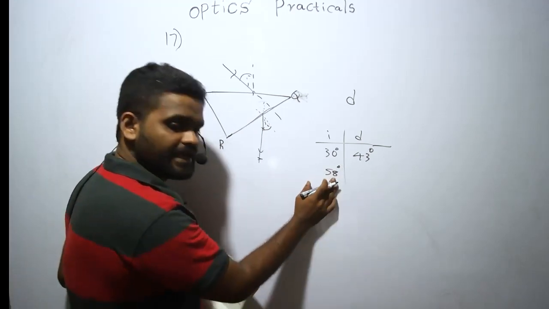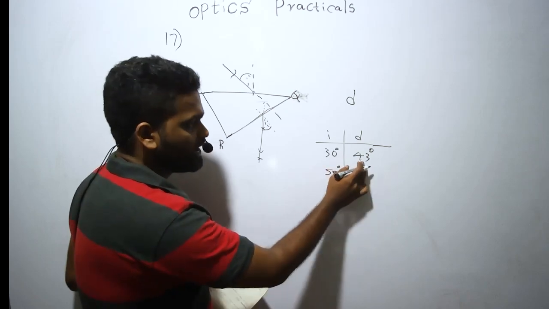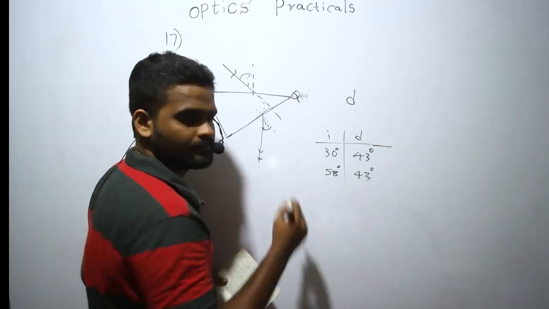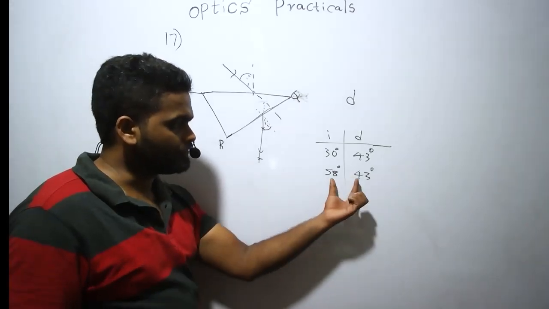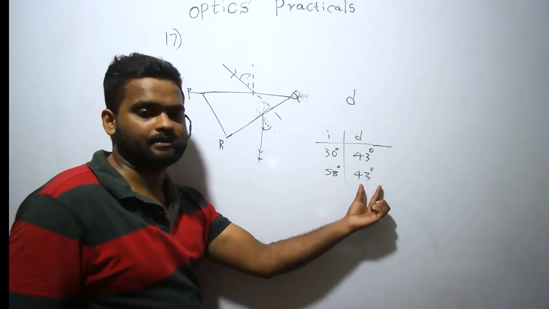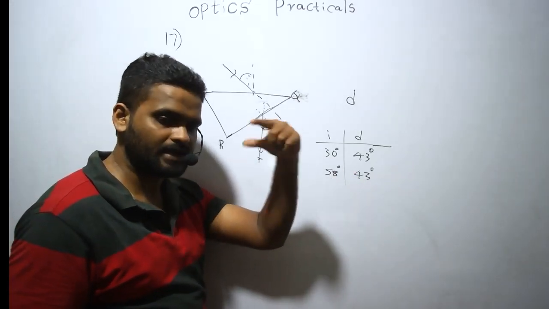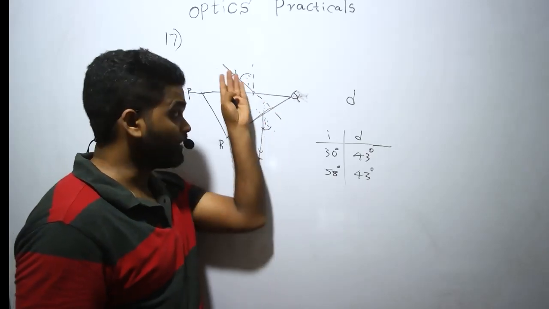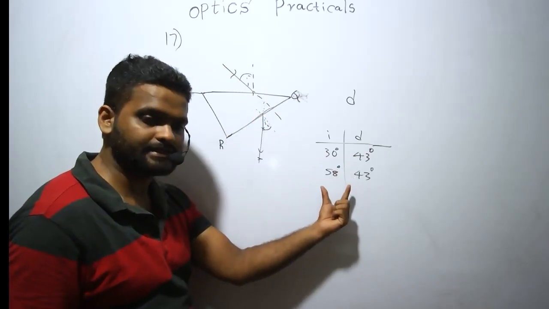So for 58 as well, you have the same angle of deviation, 43, right? Now you have an extra coordinate. So you do the experiment once for one incident angle, you have two coordinates.